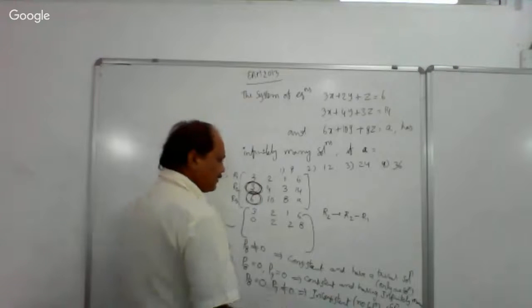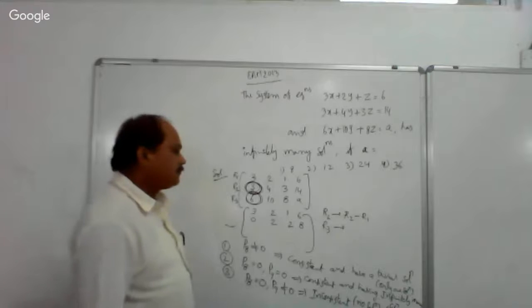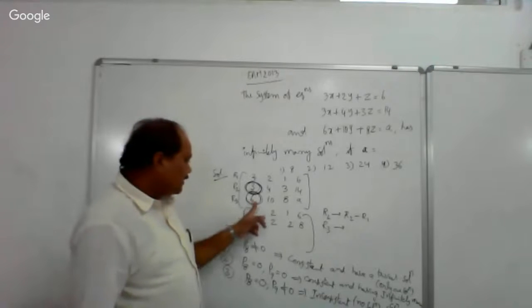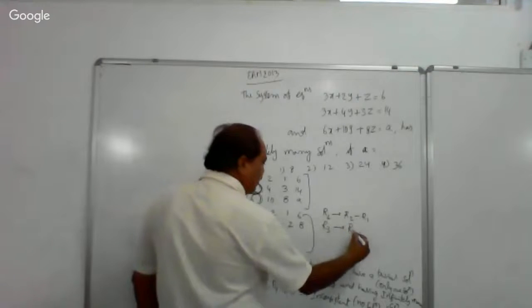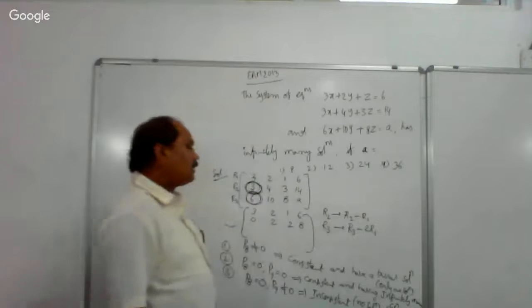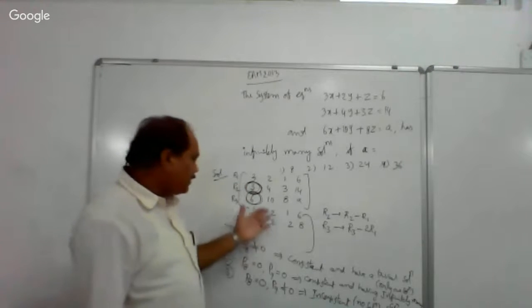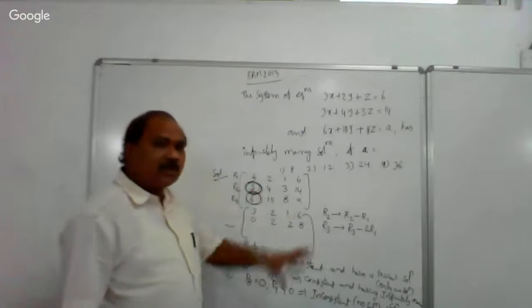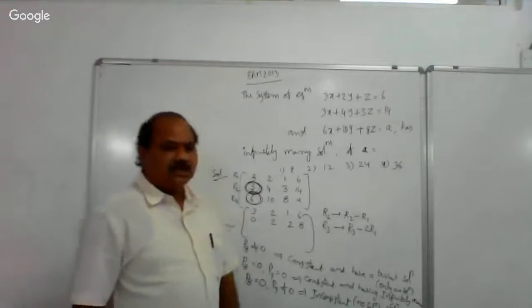That is always better. Instead of R3, it is R3 minus 2R1. Of course, you can utilize R2 also, but I applied this concept.